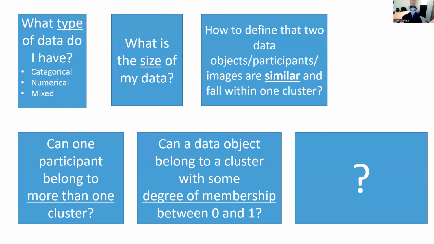So the next question is, can a data object belong to a cluster with some degree of membership between 0 and 1? Now we will discuss soft or fuzzy clustering. The overlapping clustering that I just mentioned should not be confused with soft clustering methods, where we allow objects to belong to a cluster with some degree of membership.